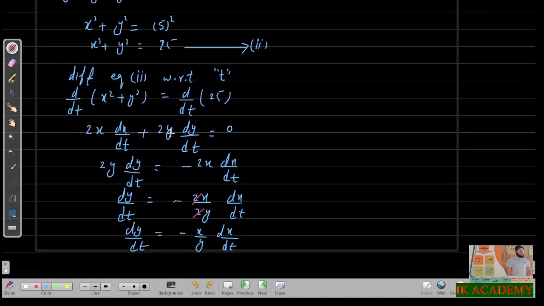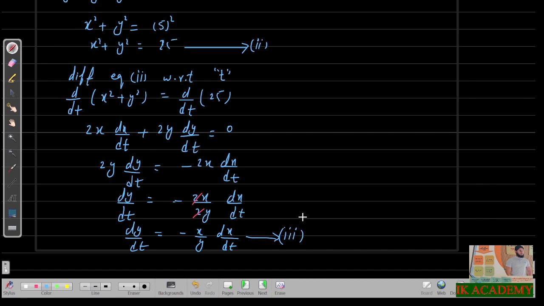So what I need to do, I need to find the value of x and y. X is given, when x is equal to 4. If I put the value of x equal to 4 in equation 2, I can get the value of y. So I can put the value of x and y together in equation 3.